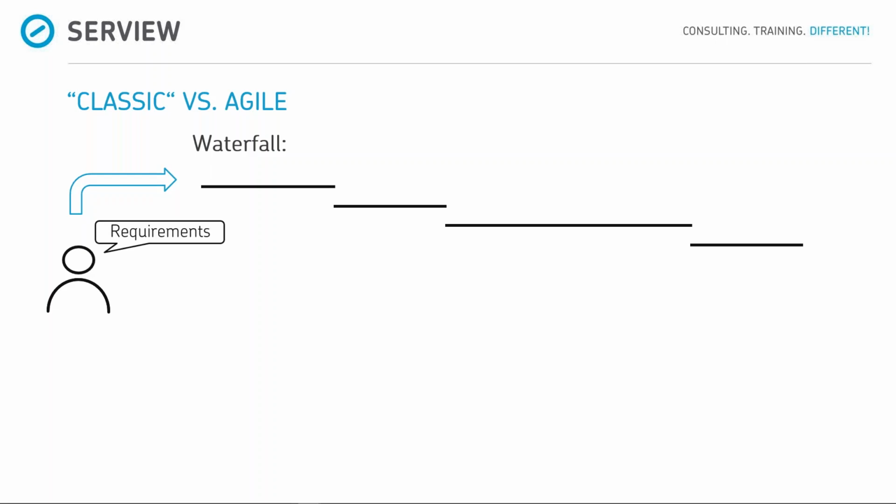And then the customer will say, well, so how much is this going to cost me? How long is it going to take? And then you will tell them, well, according to our prognosed plan, it's going to take about X time and it's going to cost you X euros, dollars, whatever.